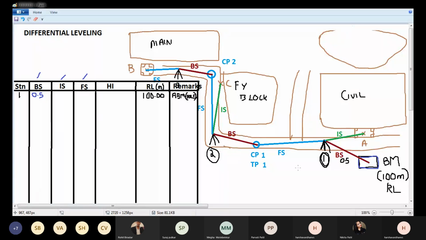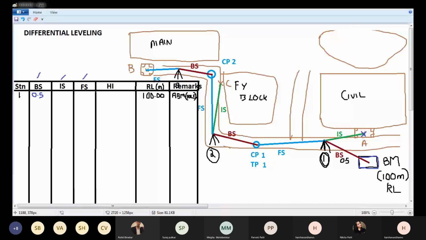Okay, next, the next two types: intermediate sight and foresight. They are staff readings taken on points whose elevations are unknown. So here I have to find the difference in elevation between the floor of the civil block and the floor of the main block. So I'll take a staff reading on the floor of the civil block. Do I know the elevation of the floor of the civil block?